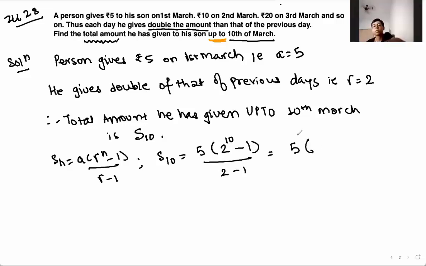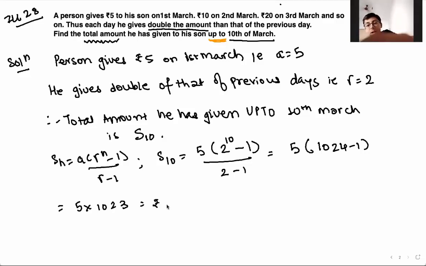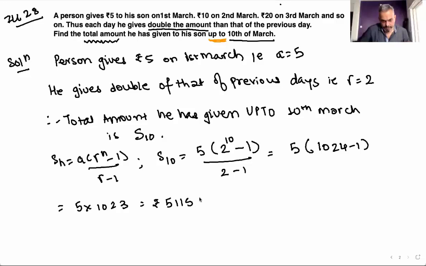So take 1024. 1024 minus 1, which is equal to 5 into 1023, which is equal to 5115.